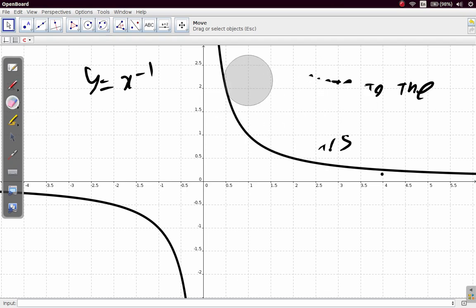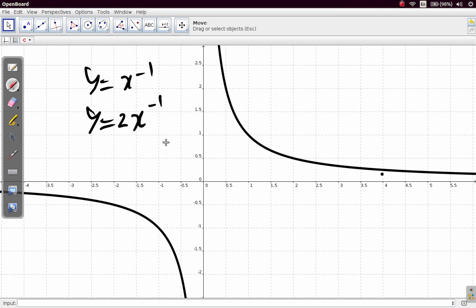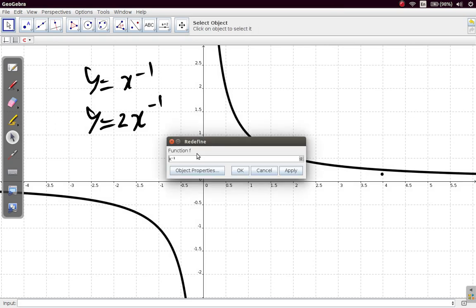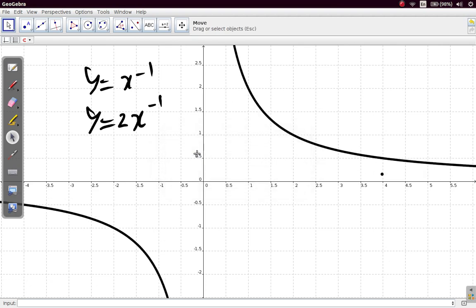Suppose we make a little modification and say, instead of x to the negative 1, let's say y is equal to 2x to the negative 1. What would happen? Let's see. 2x to the negative 1. Okay.